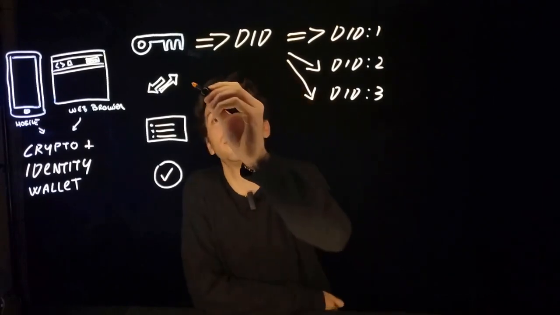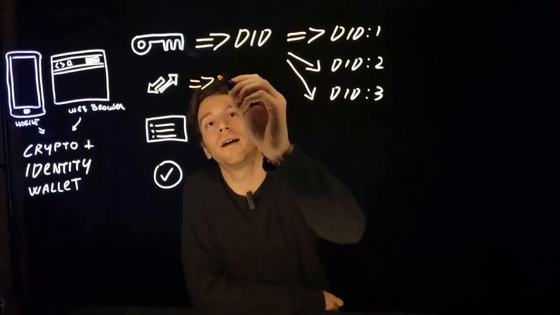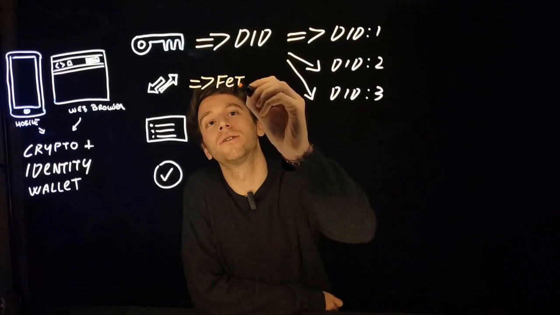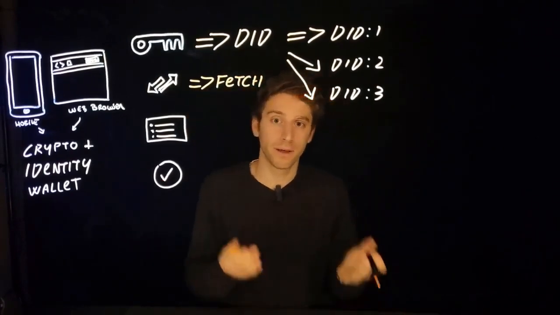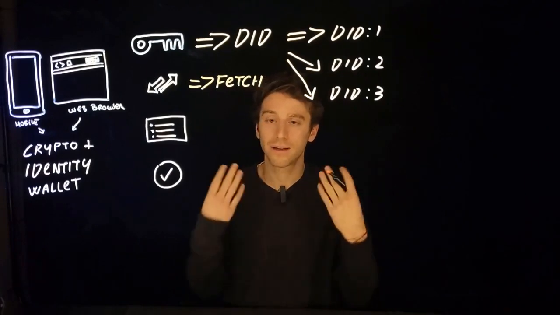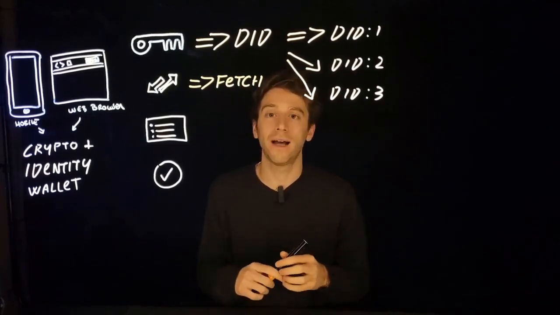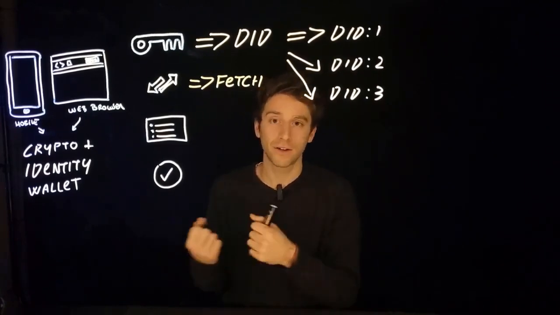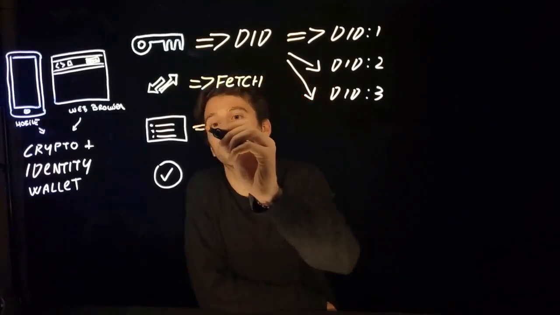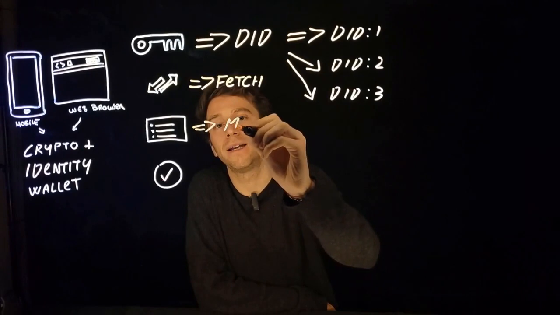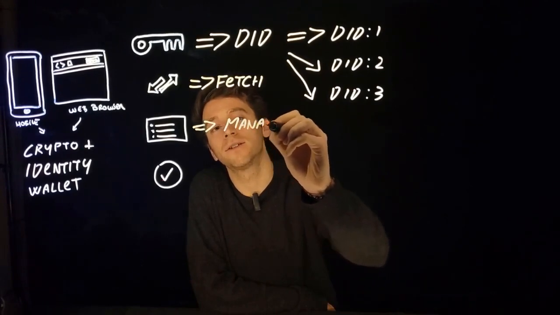The second feature is that it allows you to fetch credentials. It allows the wallet to speak with an issuer, to authenticate yourself as an identity, and to receive and fetch this credential inside your wallet. It allows you to safely manage this credential.